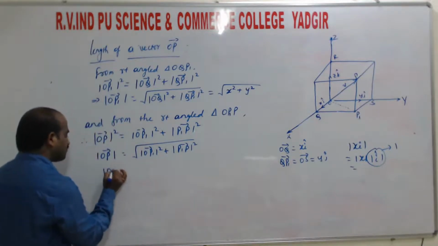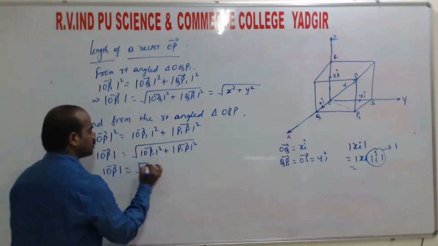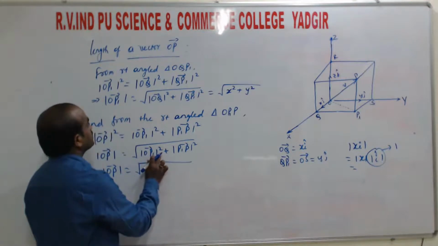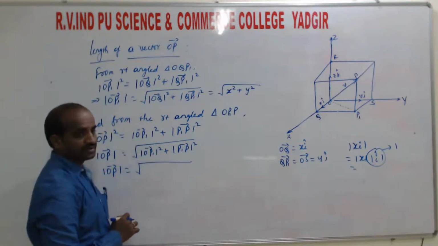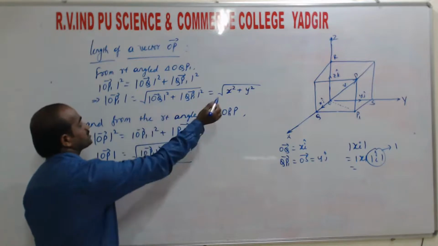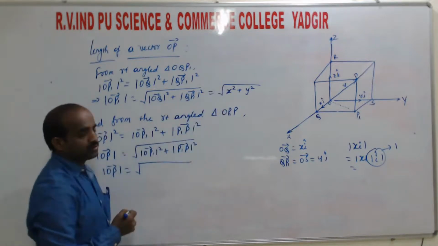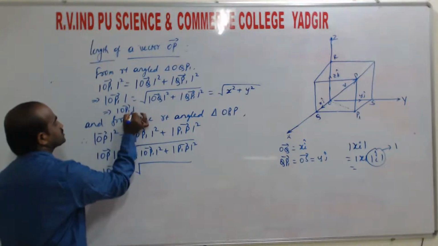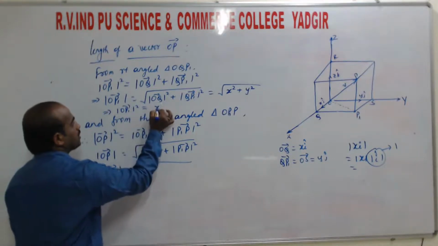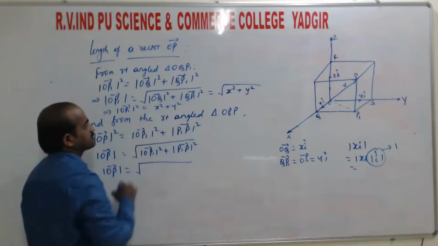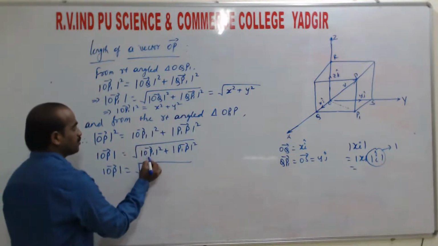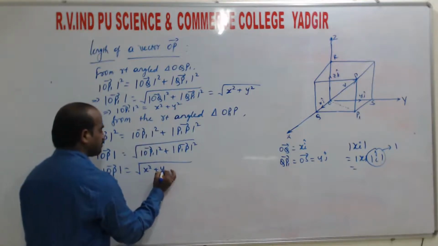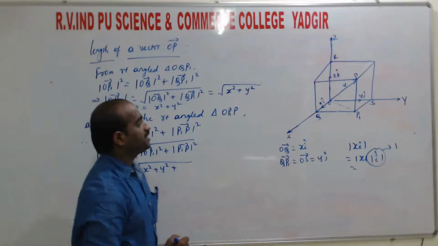Magnitude of OP vector is equal to root of OP1 square plus P1P square. Magnitude of OP1 square is equal to x square plus y square. P1P is what?